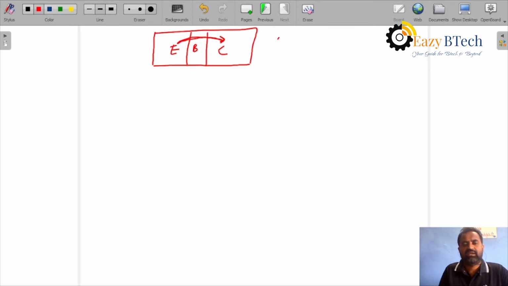Therefore, the current exists in the transistor. We write IE is equal to IB plus IC for an NPN transistor. IE is the total current. IE is equal to IB plus IC.